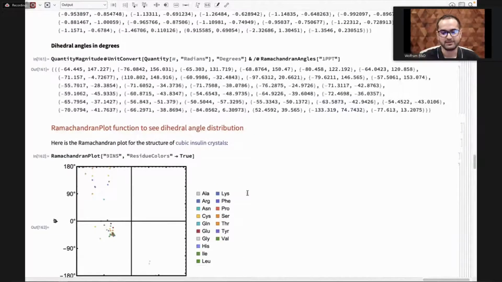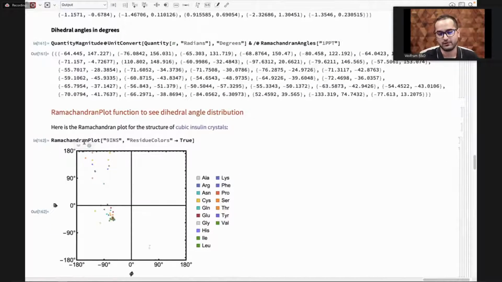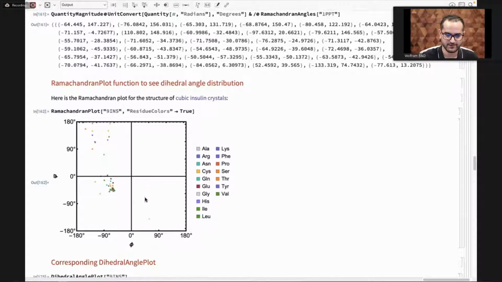And the Ramachandran plot, which is an extremely well-known function in the context of protein structures, will give you the dihedral angle distributions for a given protein. This is for the cubic insulin crystals here. If you turn the residue colors option to true, it will show you different colors for the different residues.